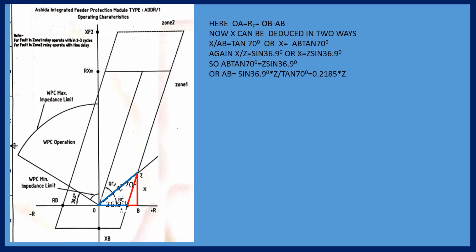And you know, from ground level 600 millimeter below, we are creating an earthing mesh. Why this earthing mesh? When there is a fault near the TSS, a huge amount of return current, fault current, is flowing.